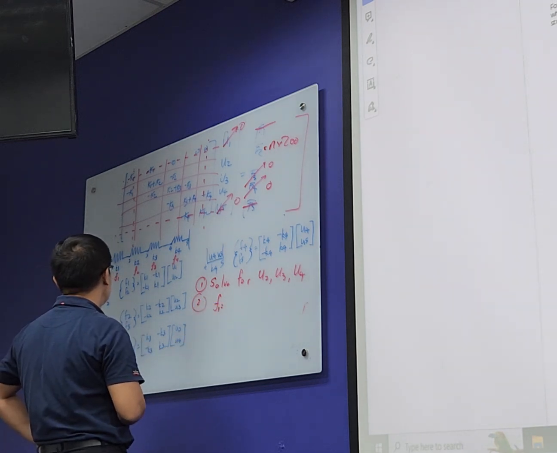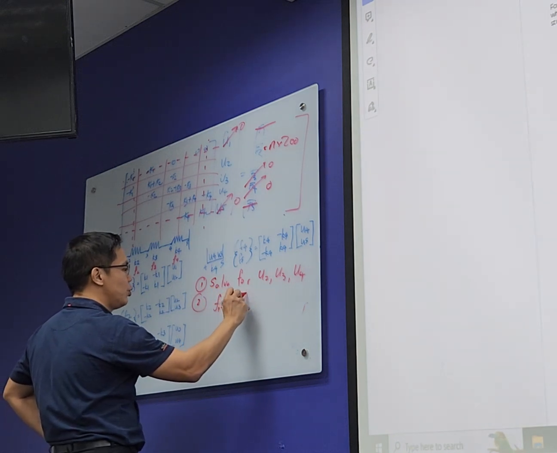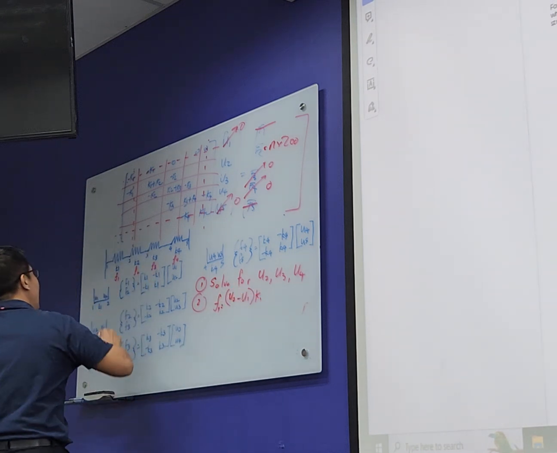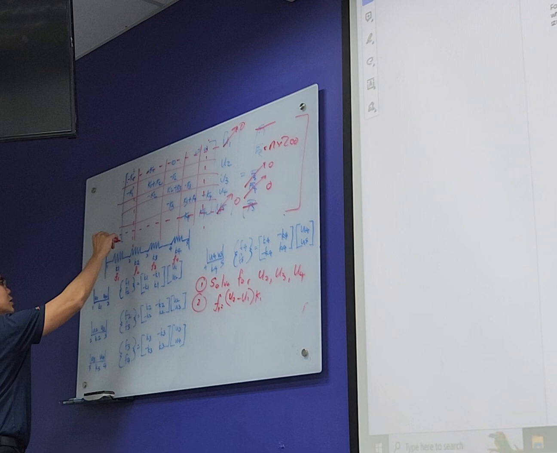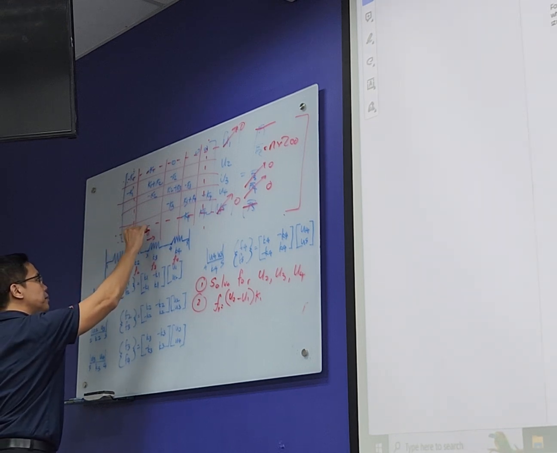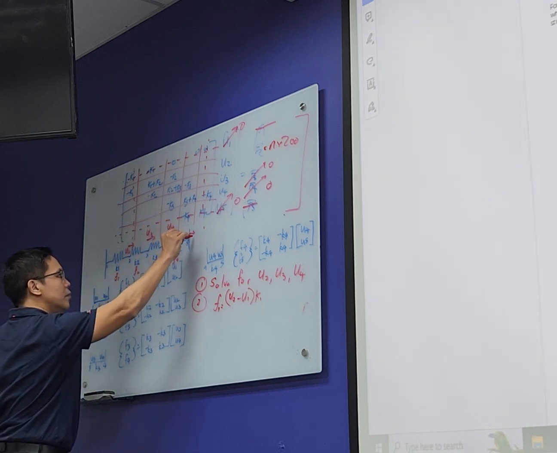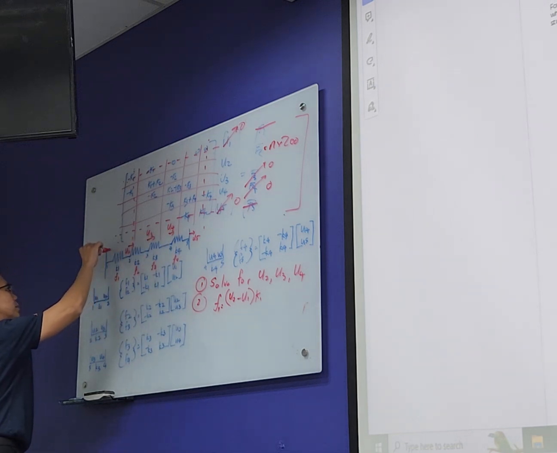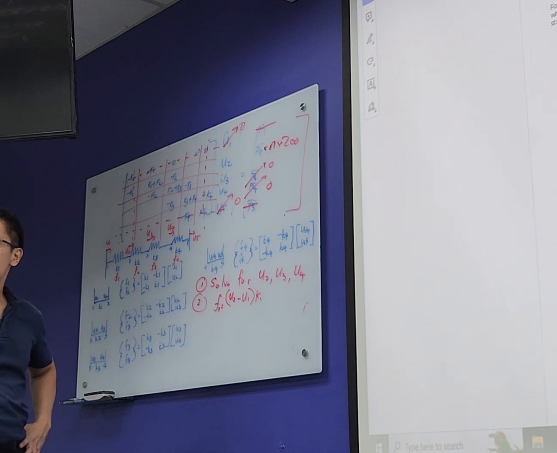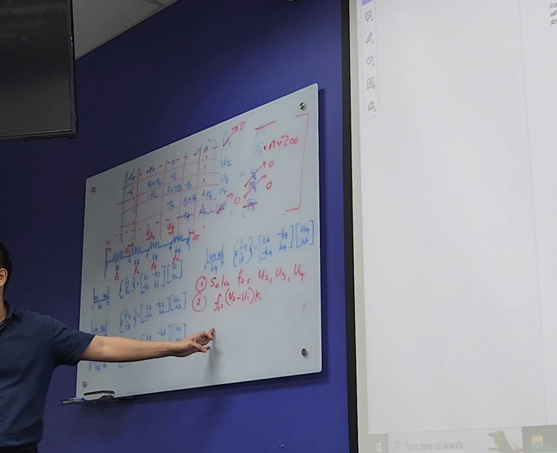K1 times U2 minus U1. Just now this one never denoted the direction. U2, you must denote this. So this is the spring force, as per the first question.